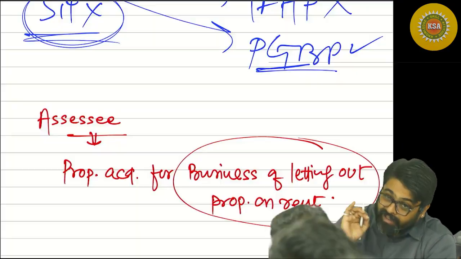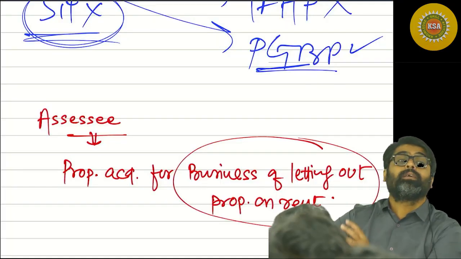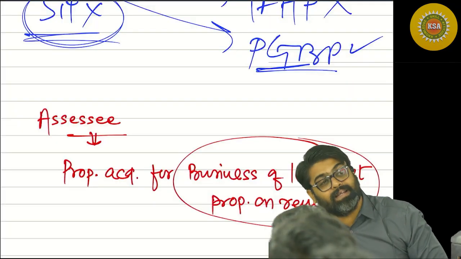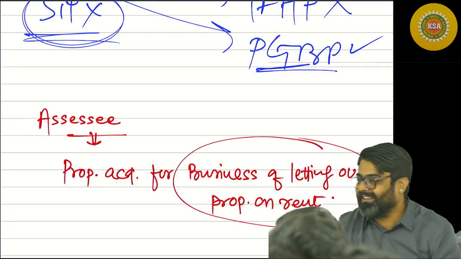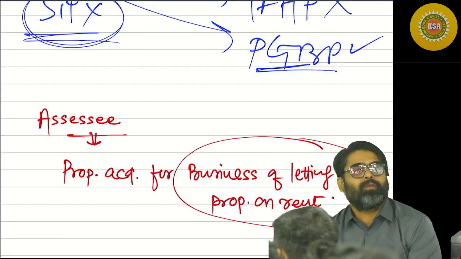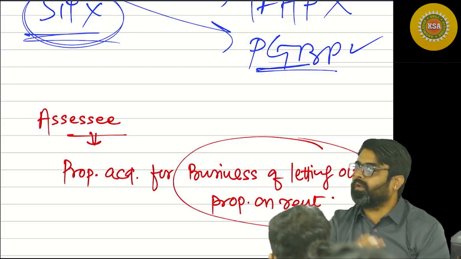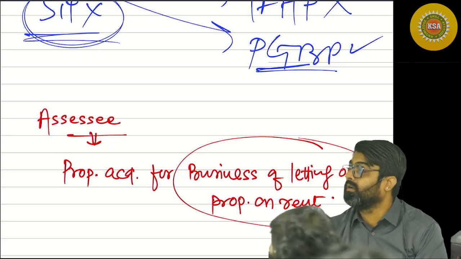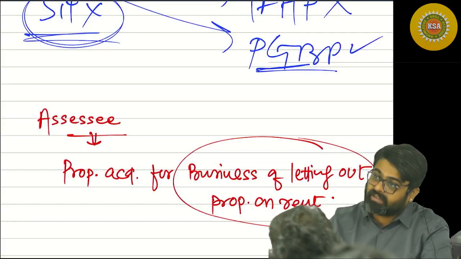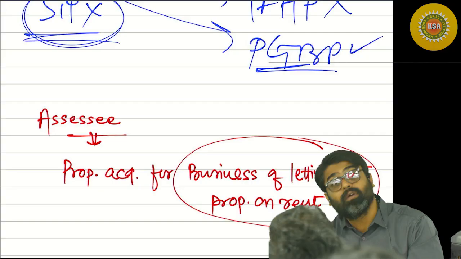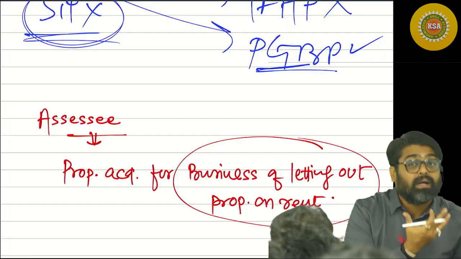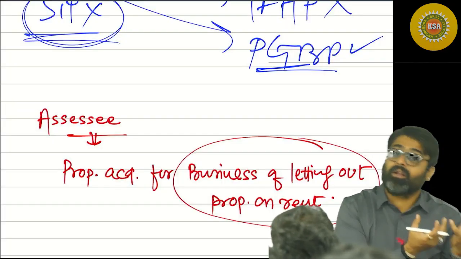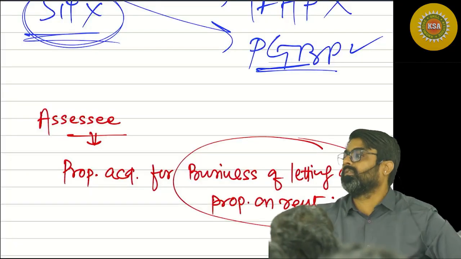Now my business itself is giving property on rent and earning rental income. Will I have different properties at different locations? Yes or no? Am I doing any manufacturing or other business in that property? No. I am having these properties to give them on rent, and giving property on rent and earning rental income is my business.